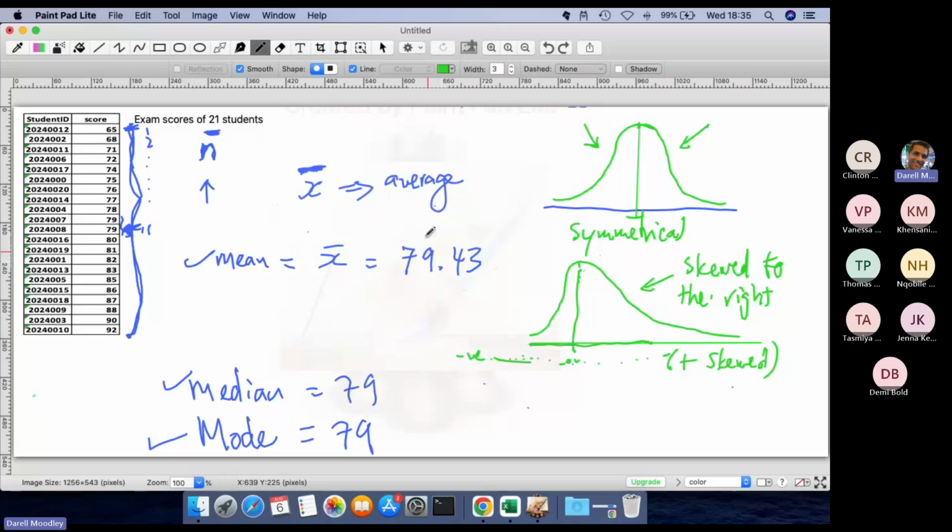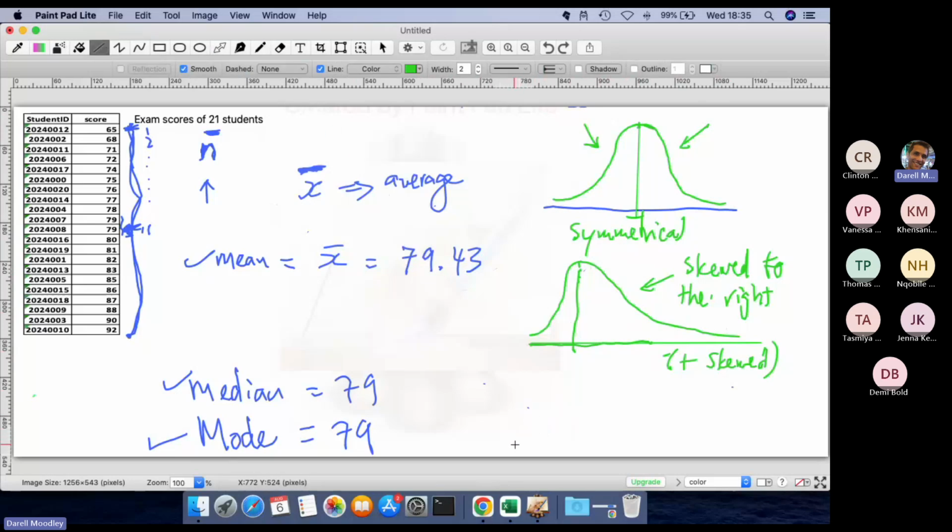That's what we mean by positively skewed, or skewed to the right. It doesn't necessarily mean that most of your numbers are positive. You can have your entire distribution of numbers only being negative, but the shape can look like this, and that would mean positively skewed.